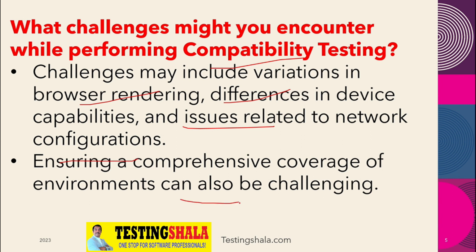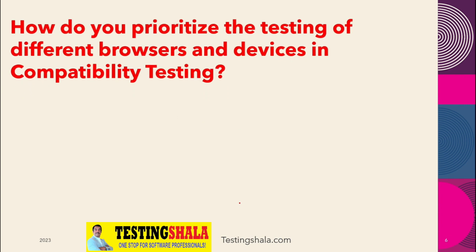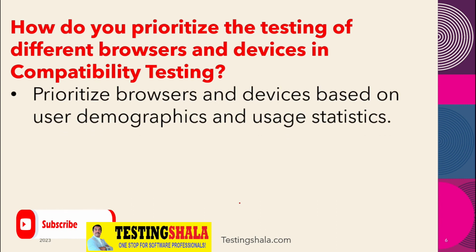How do you prioritize the testing of different browser and device combinations in compatibility testing? We prioritize browsers and devices based on user demographics and user statistics. Whenever we define our testing strategy, first we should visualize who is going to use our application, or our apps, and what their pattern of usage is.